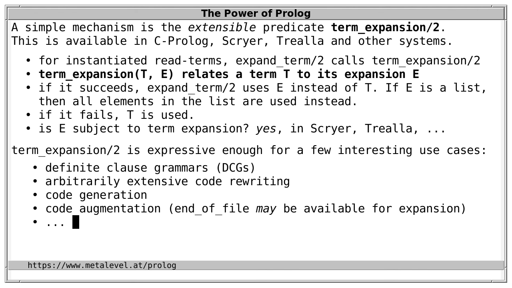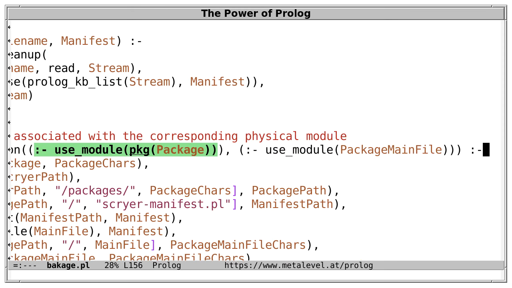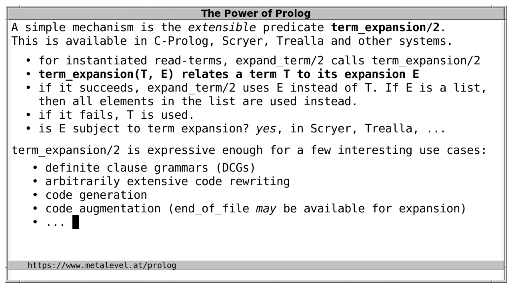And of course, countless other examples. For instance, the upcoming package manager package expands use module directives to enable the loading of packages. And it rewrites such directives to ordinary use module directives where the package is mapped to a local file name that is described here. So already such a simple term expansion mechanism is very versatile.